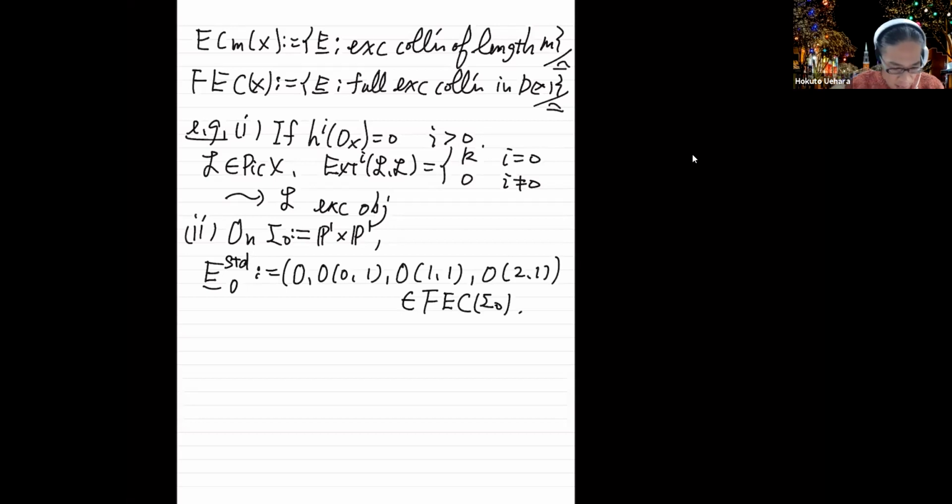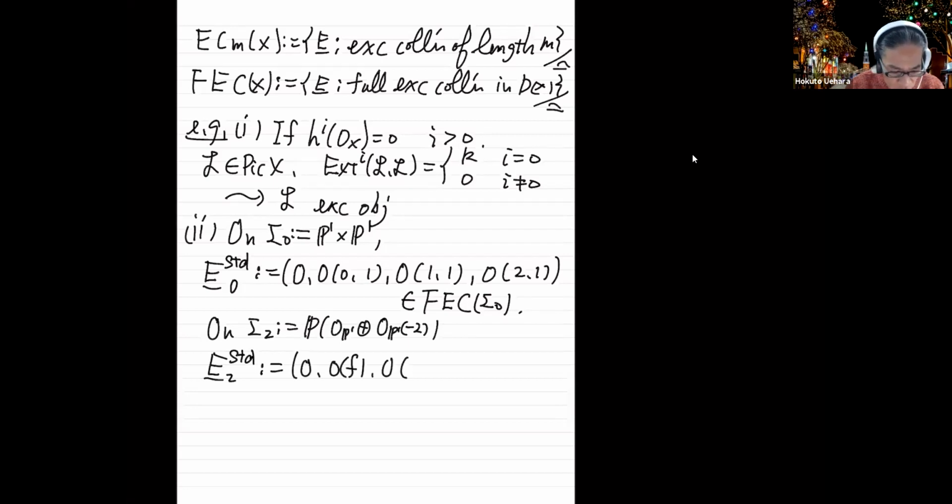Okay. And I will also use later the following exceptional collection on Sigma 2, namely O_P1 plus O_P1(-2), and E2 standard, defined as follows: O, O(F), O(C+2F), and O(C+2F), where F is a fiber of the P1 bundle.